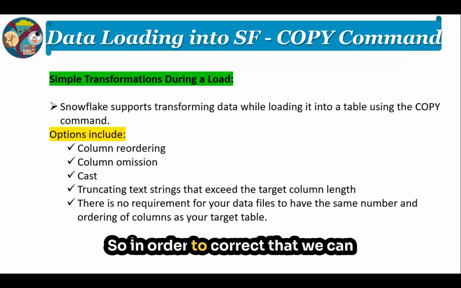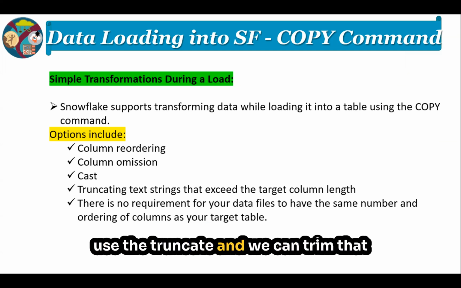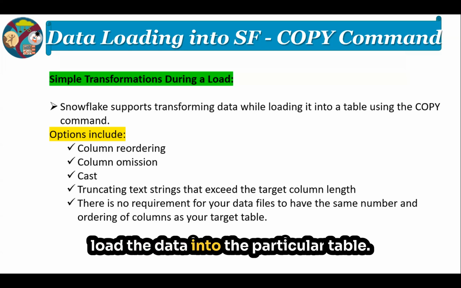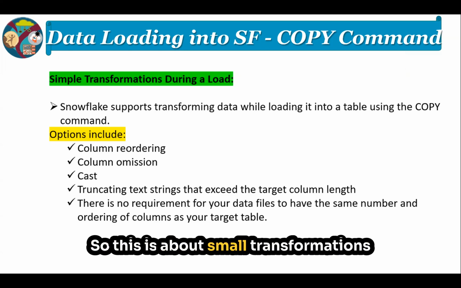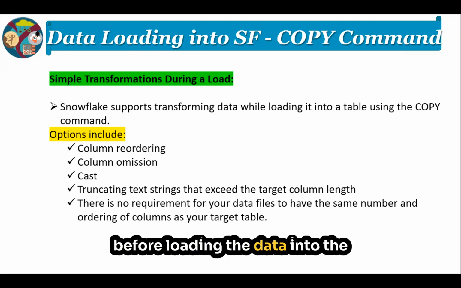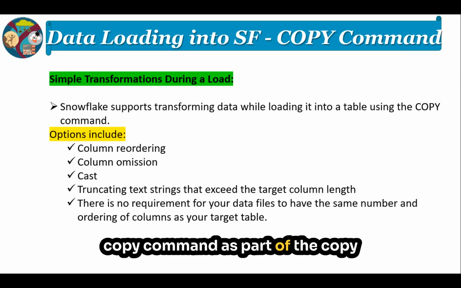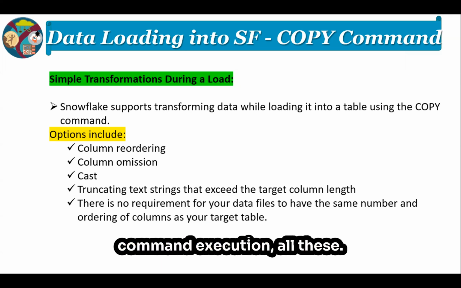To correct that, we can use truncate to trim that column value and load the data into the table. So these are the small transformations we can do through the copy command before loading data into Snowflake. As part of the copy command execution, all these options are available.